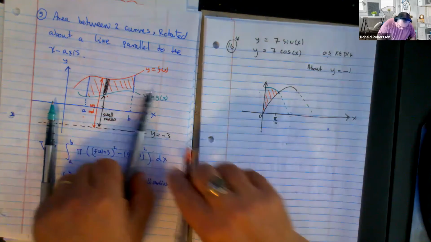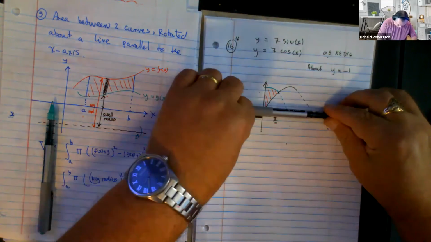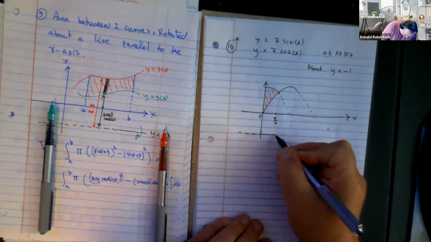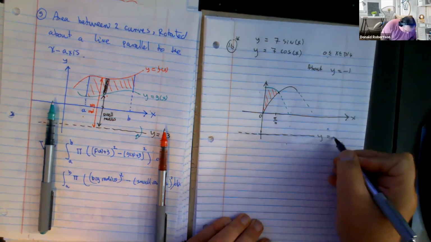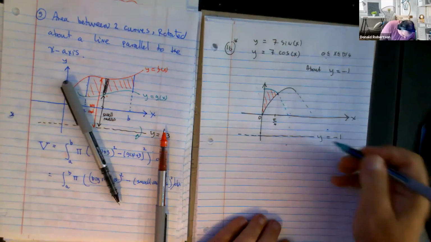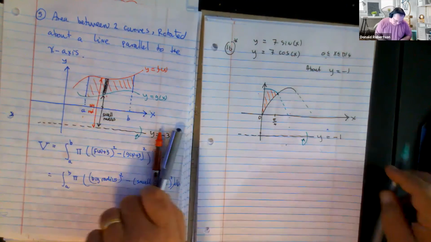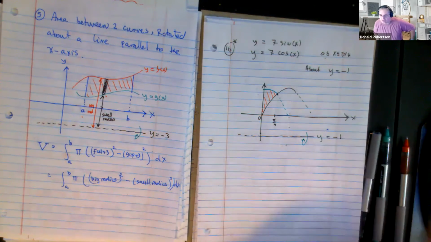Then we are not going to rotate it about the x-axis. We are going to rotate it about that guy. And I'm going to make no attempt to draw what that thing looks like. But most of these things just look like napkin rings to me.